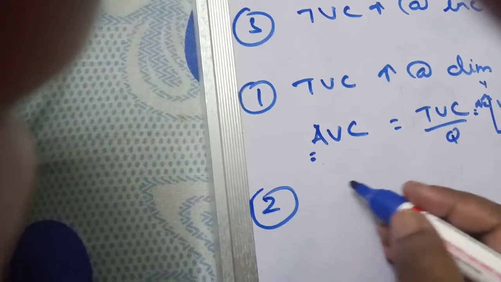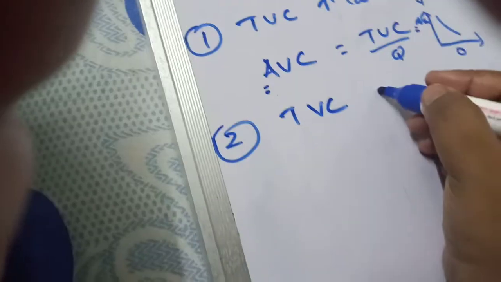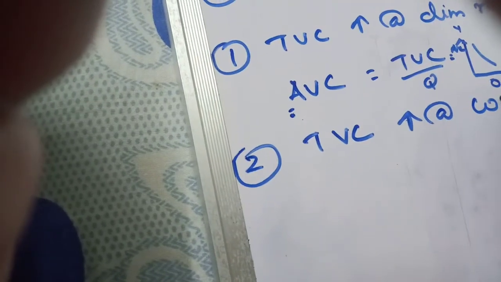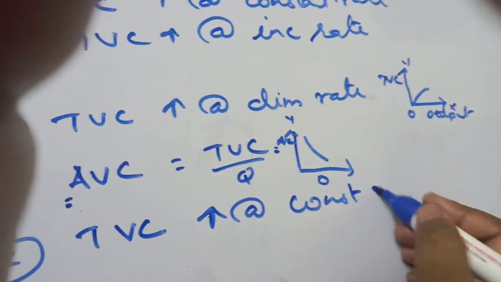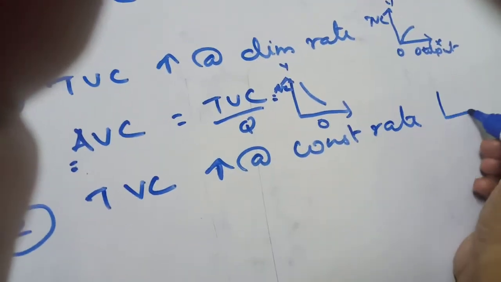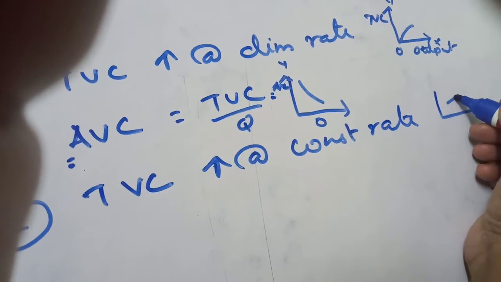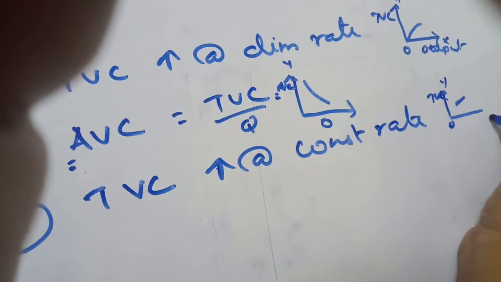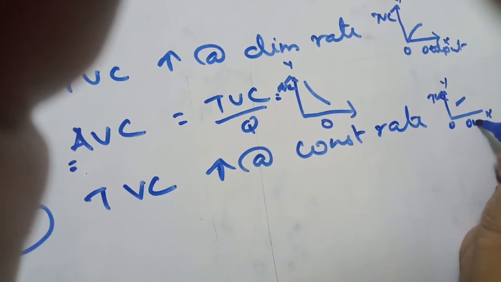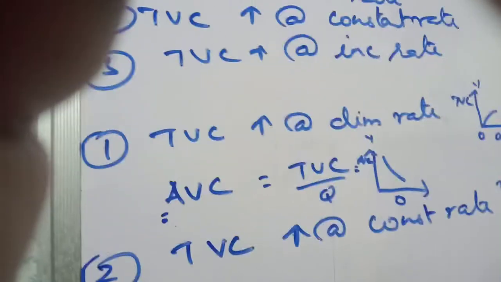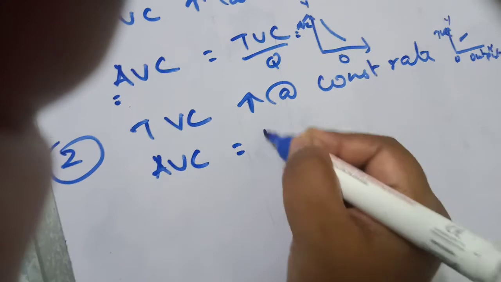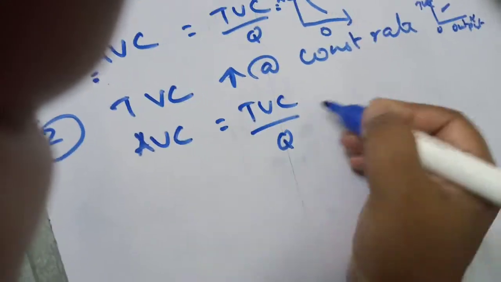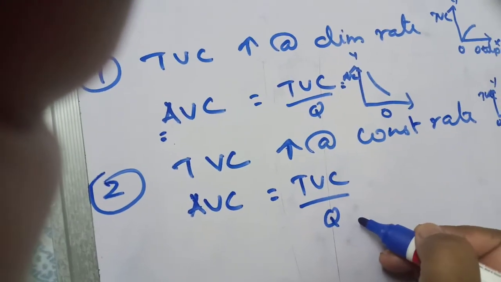Second phase, TVC is increasing at constant rate, which means when TVC has this slope. Here you will find average variable cost again is equal to TVC upon Q. The change in the numerator is equal to the change in the denominator.